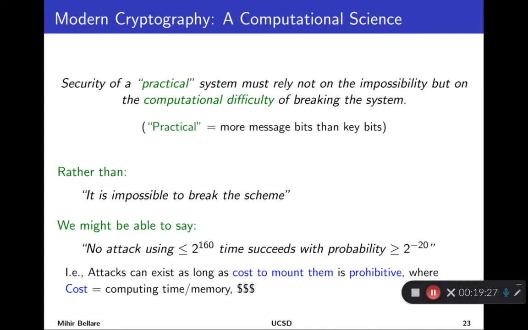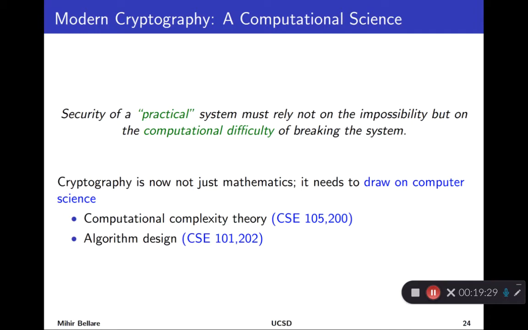So this shift in perspective also is a shift in disciplines, and is in some ways an explanation of why cryptography moved from mathematics, where it was born, into computer science, because now we need to draw on the computational aspects of the mathematics on which we build.